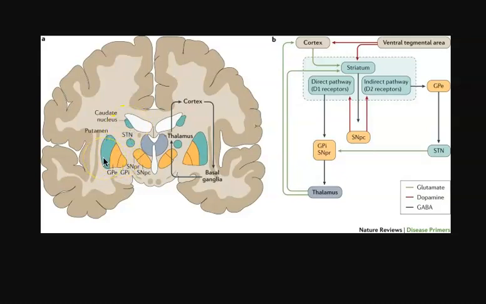You don't need to memorize all those. You just need to recognize that this is a network of nuclei, or collection of cell bodies, that are going to regulate the control of movement. And you can see that it's a network, which means that if something's going wrong here, then there's going to be issues with the whole processing.